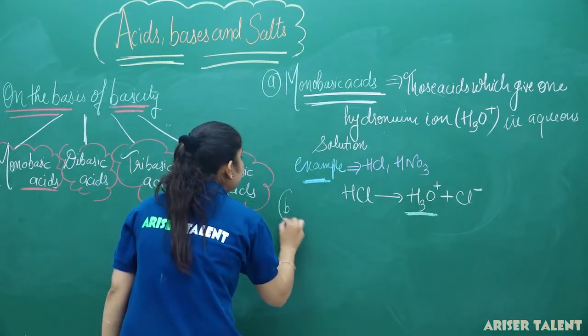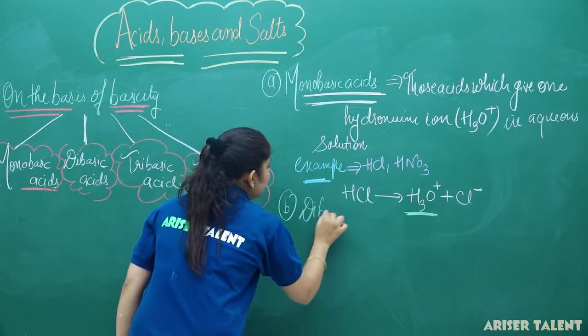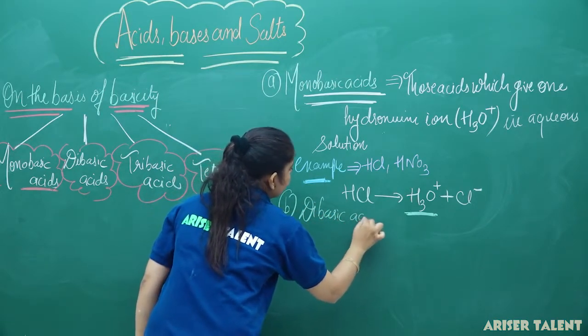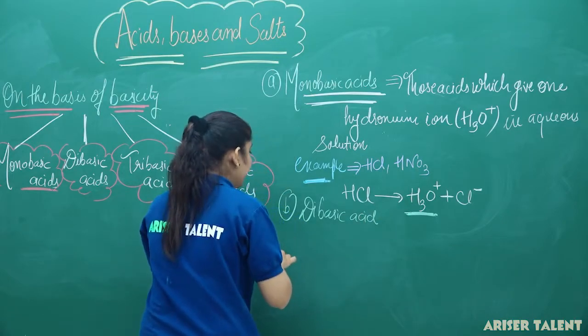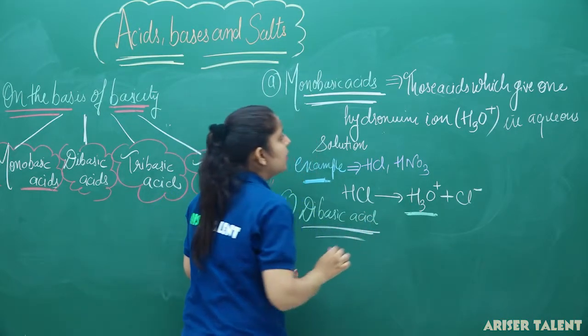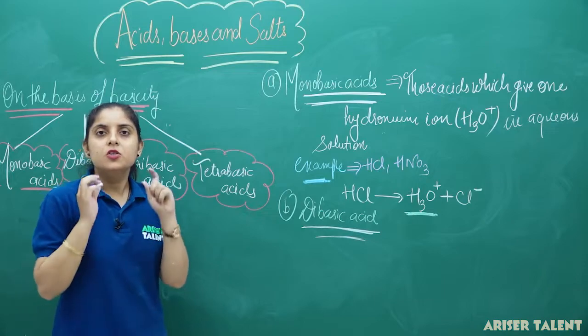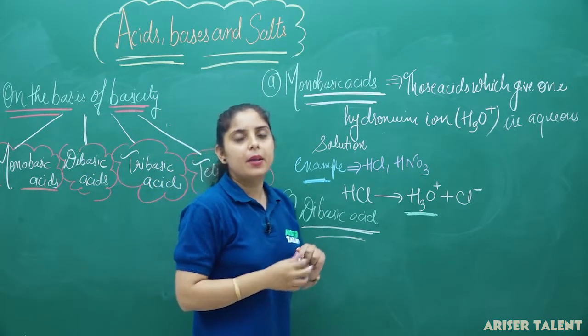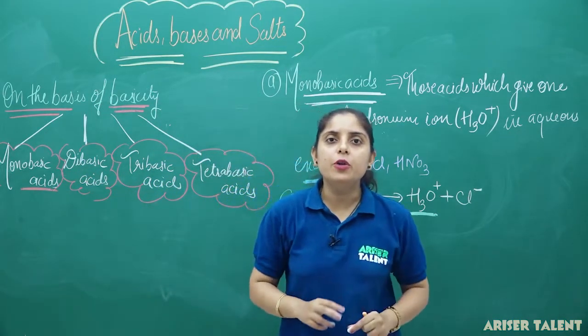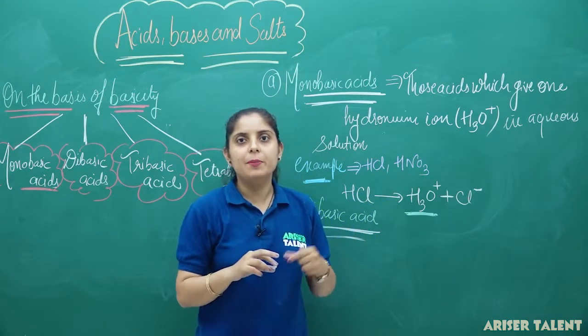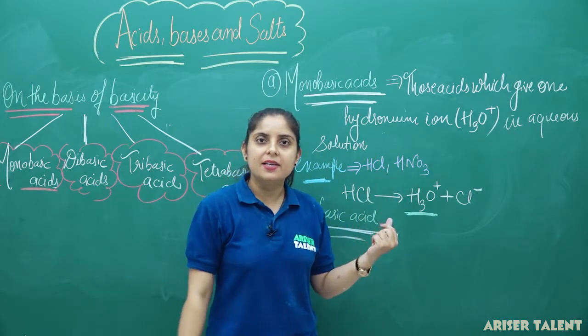The second category is dibasic acid. Now what is dibasic acid? The word di means two. So the acids which are capable of giving two hydronium ions in the aqueous solution will be considered as a dibasic acid. Clear?